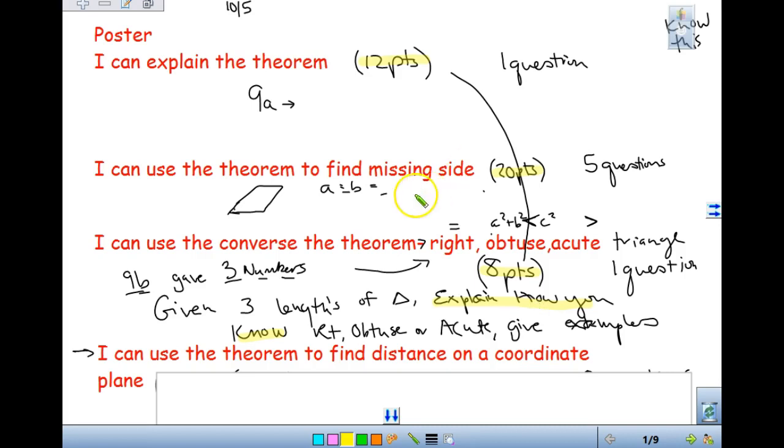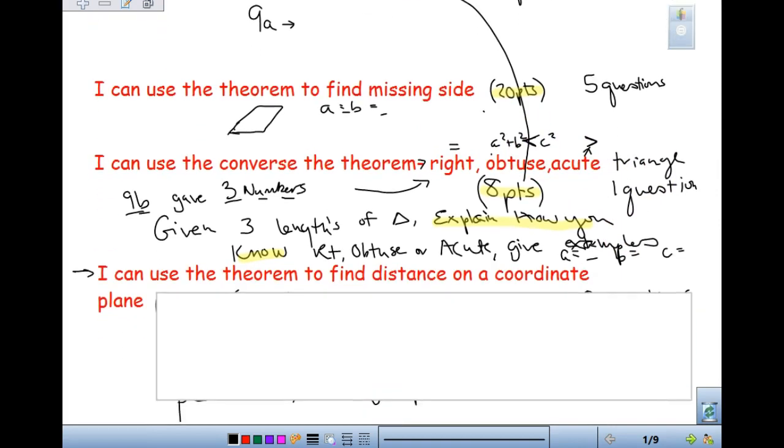But if I know that a squared plus b squared is less than c squared, and then you might give me an example of some numbers, right? And you're not giving me the areas, you're giving me the side length. So you're telling me, if A happens to be this number, and B happens to be this number, and C happens to be this number, it would be an acute triangle, because a squared plus b squared is greater, or it is less, okay?